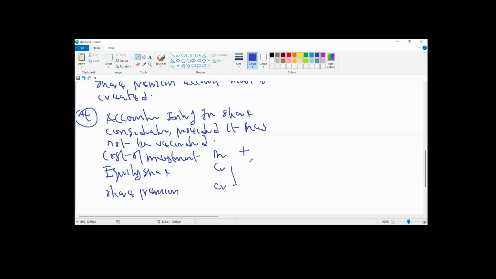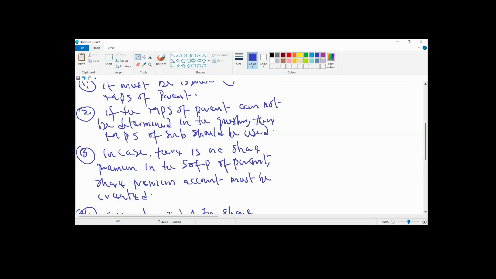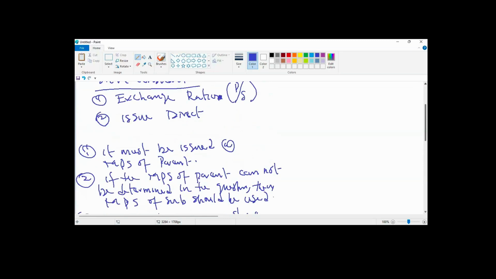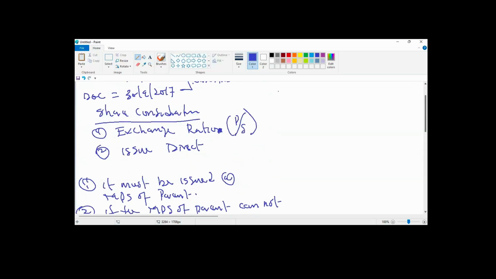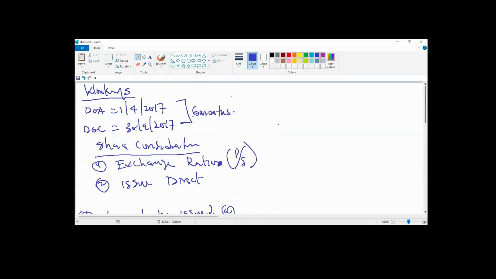It is 2 credits against 1 debit. That's all. Those are the 4 things you need to know. These are the 2 ways it can be tested. Let's go to the question now.